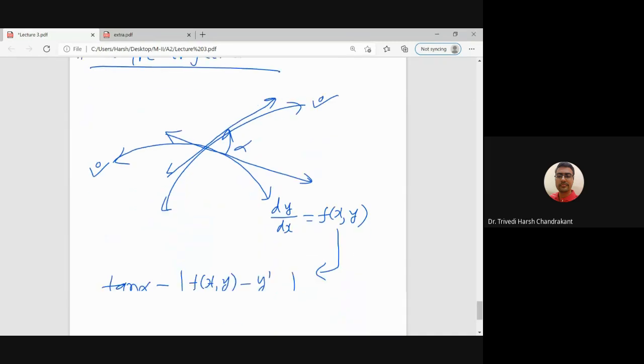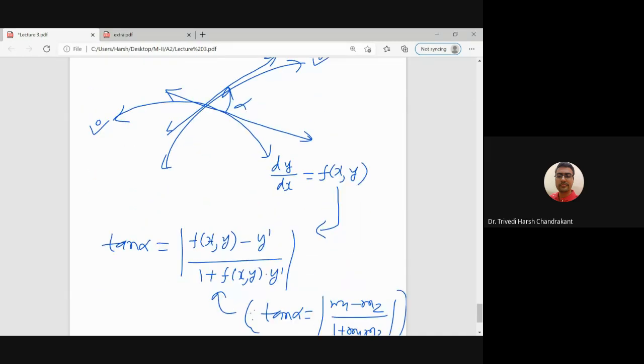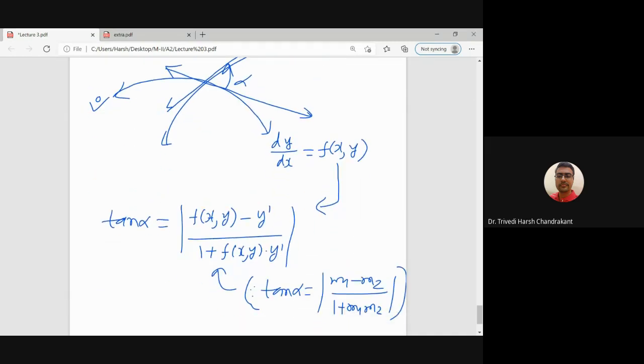So suppose alpha is other than 90 degree. So how to find a trajectory which is making, let us say, 60 degree with the first family of curves? To find such a family, we will use this. We will solve this differential equation.